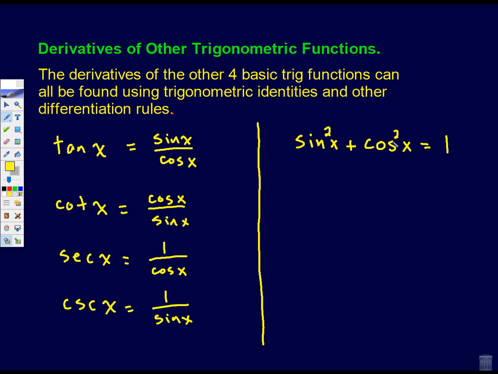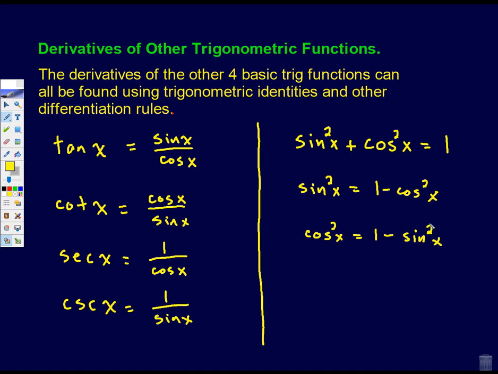It can be used just the way it is, but it can also be solved for other things. So for example, it could also be written sine squared x equals 1 minus cosine squared x. And it can also be written cosine squared x equals 1 minus sine squared x.